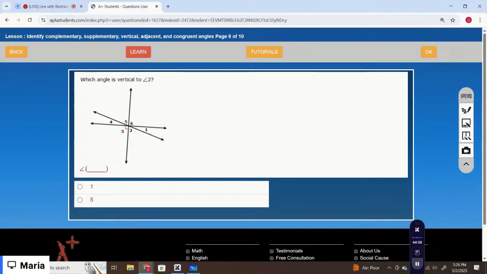Which angle is vertical to angle B? Angle 5 it is. Option number 2 is the correct option.